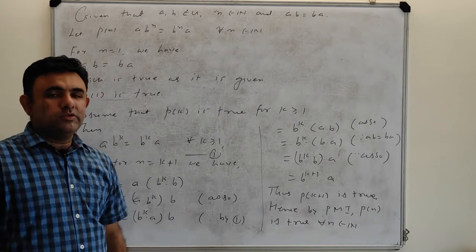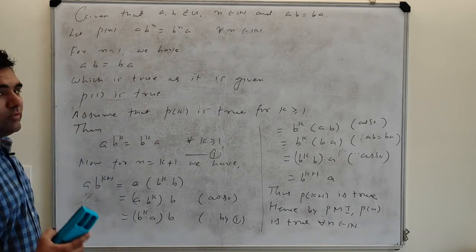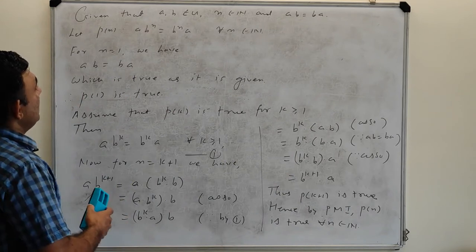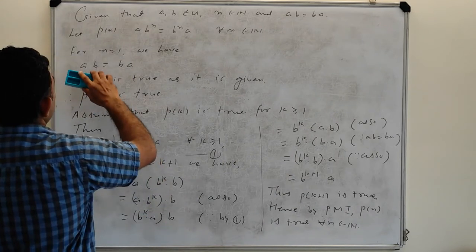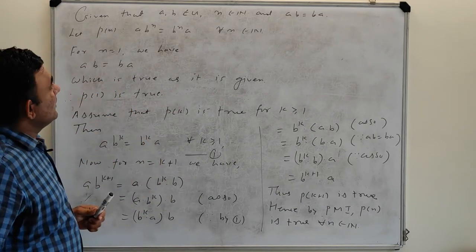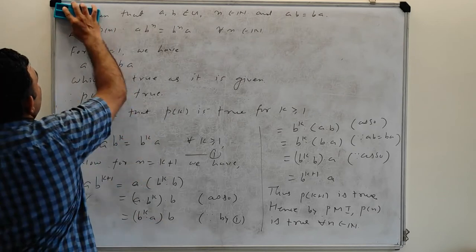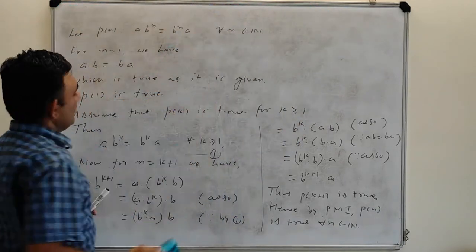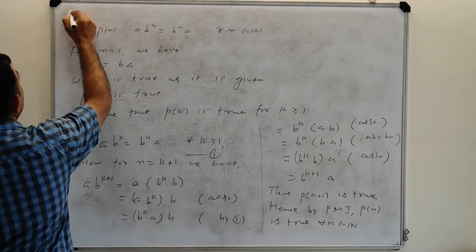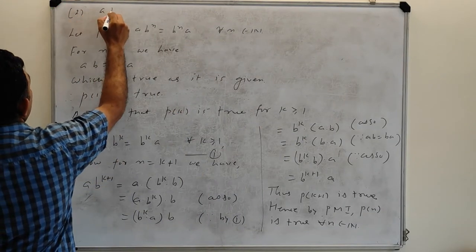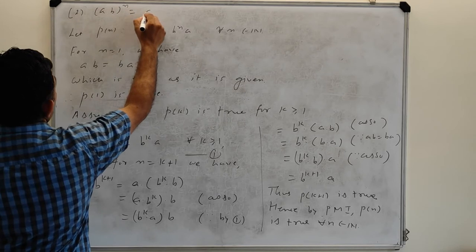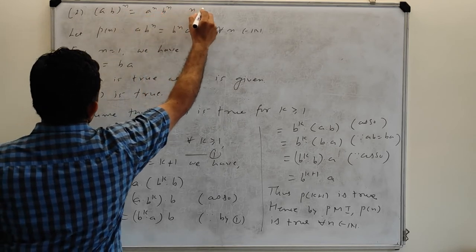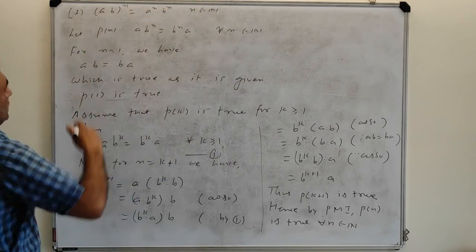Now we will prove the second one: AB raised to n is equal to A raised to n, B raised to n, for n belongs to N. So again you take Pn.